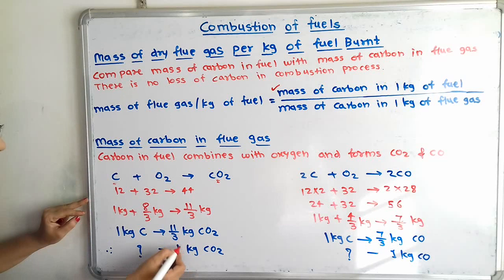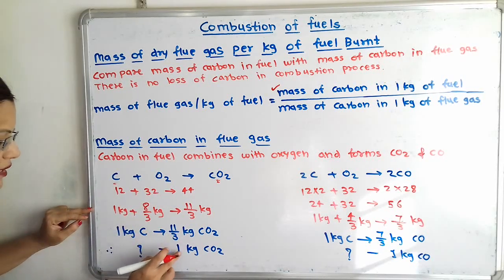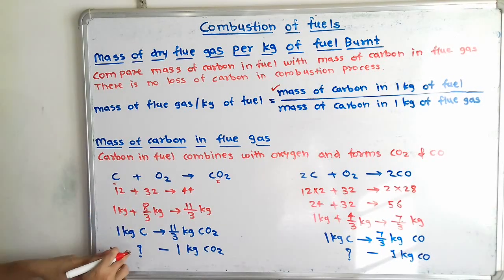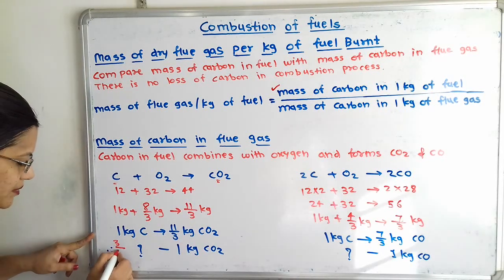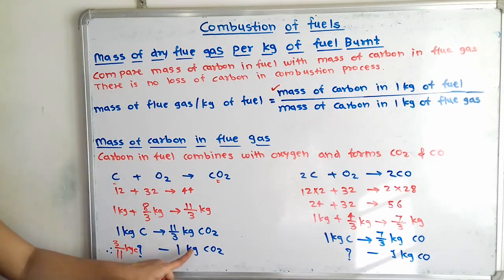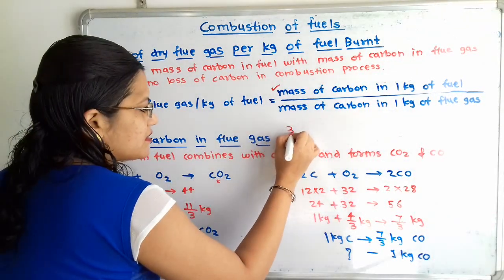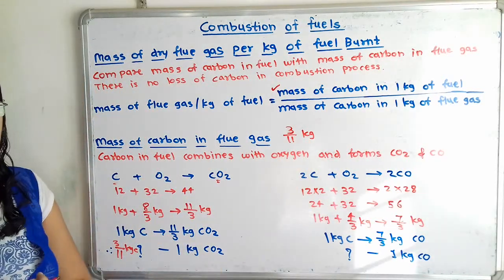Now we will make the cross multiplication, that is 1 multiplied by 1 is equal to 11 by 3 multiplied by x. So what is the amount of this x? That is 3 by 11. So I will write here 3 by 11 kg C. So this is the answer. So in 1 kilogram of carbon dioxide there is 3 by 11 kilogram of carbon. So I will write here 3 by 11 kilogram of carbon that is present in 1 kilogram of CO2.